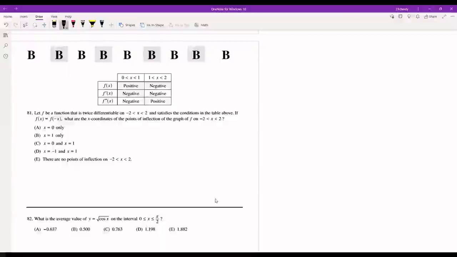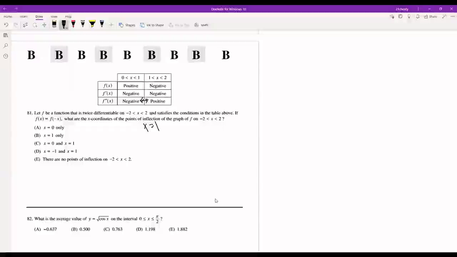So points of inflection again are when the concavity of the graph changes. So that's seen in the second derivative. The second derivative flips, like it does in this case, between negative and positive at x equals 1. So that means x equals 1 is one answer.